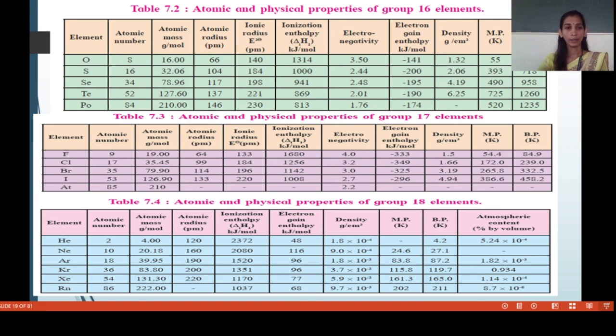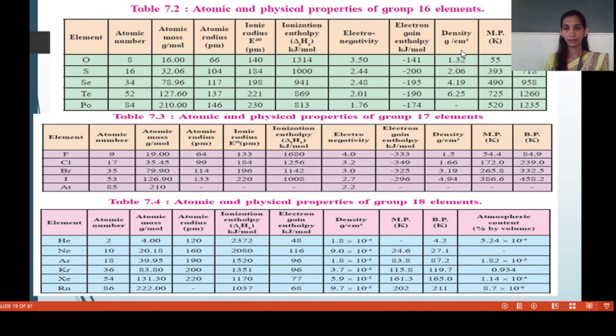That means the atomic numbers, atomic masses, atomic radius, ionic radius, and ionization enthalpy, and how they change from top to bottom, are given in this table. Also the density, melting point and boiling point values are present in this table.